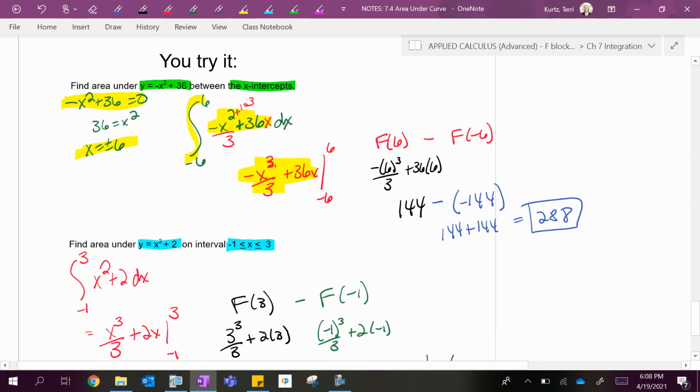We evaluate it at positive 6, and we get 144. Evaluated at -6, we get negative 144. And so again, be tricky here. We're taking 144 minus a negative, so we end up adding 144 to 144. We get 288.